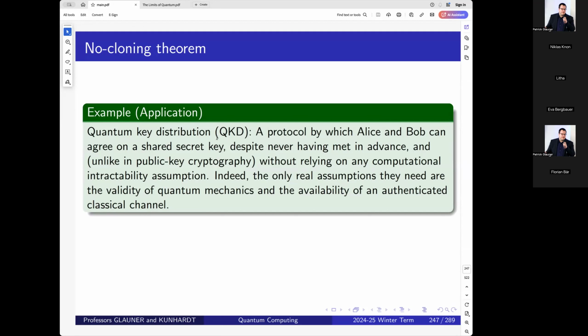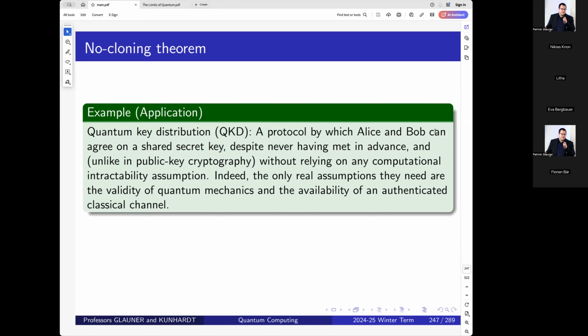For example, there's quantum key distribution, just in a few sentences. The abbreviation is QKD, if you see it. It's a protocol by which we have Alice and Bob, and they can agree on a shared secret key, despite they have never met in advance.